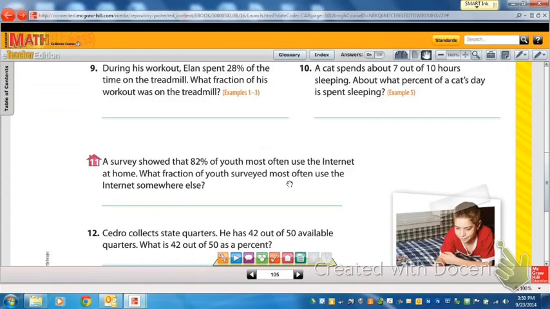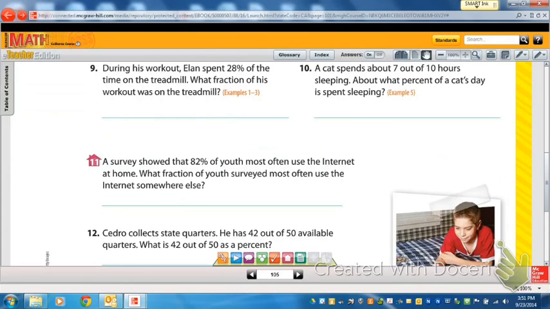So a couple of word problems. For number 11, a survey showed that 82% of the youth most often use the internet at home. What fraction of youth surveyed most often use the internet somewhere else? Now this one was a little tricky. We want to know what fraction of youth surveyed most often use the internet somewhere else.